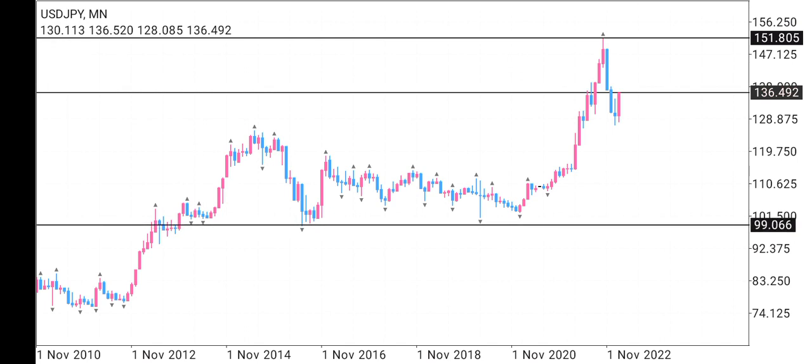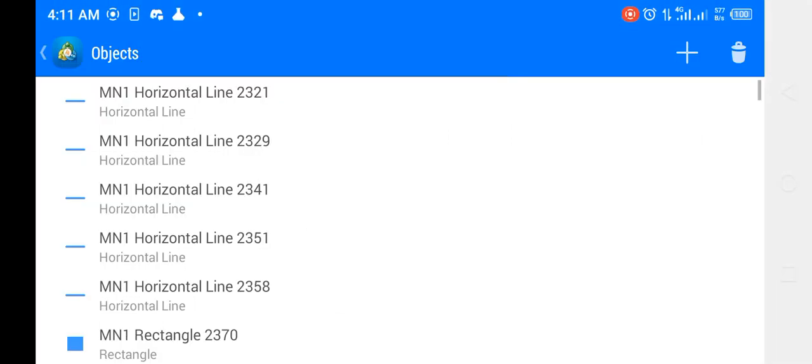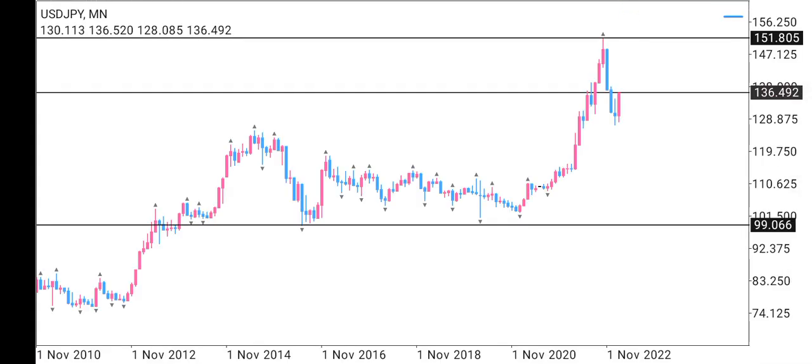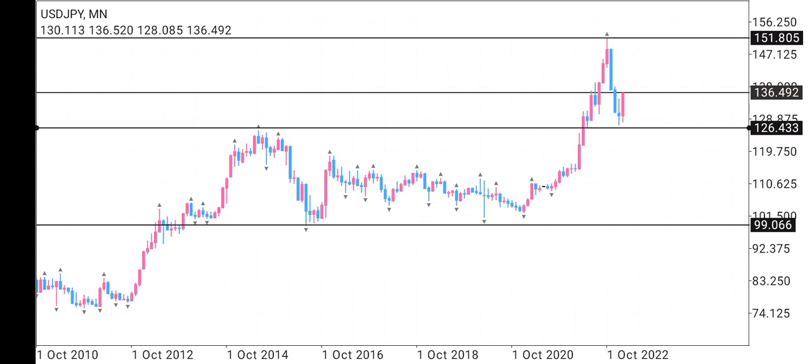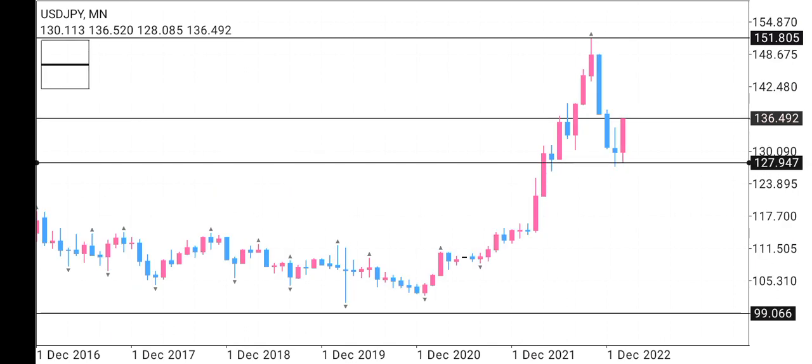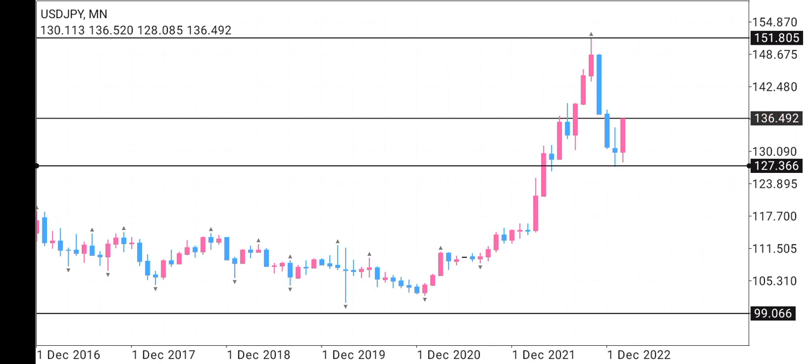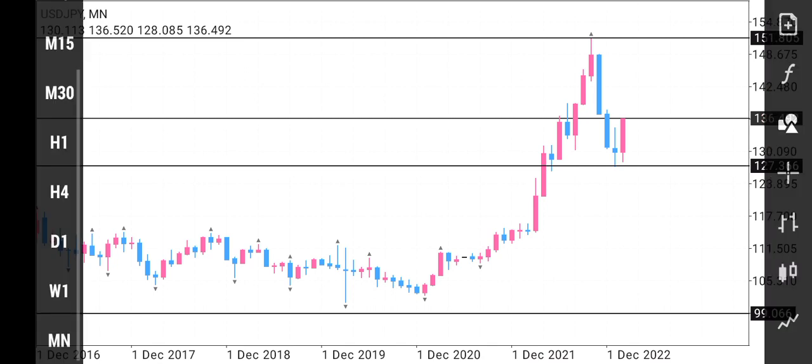Then I'll mark out my previous candle, the previous monthly candle, the high and the low.